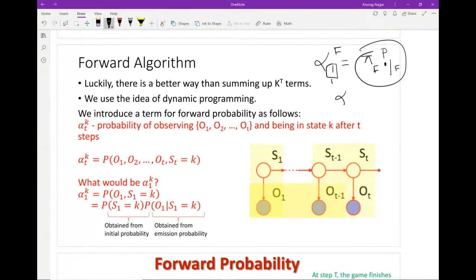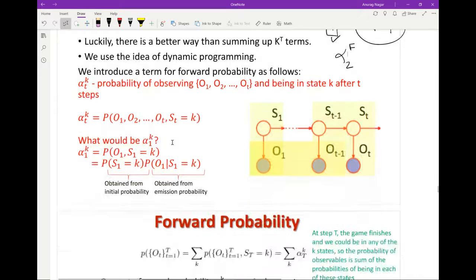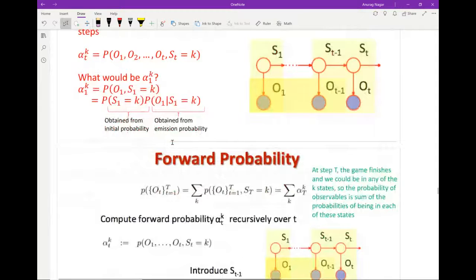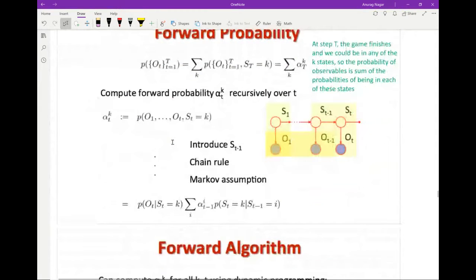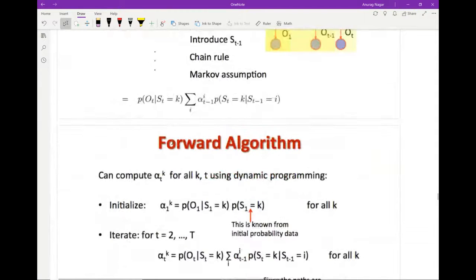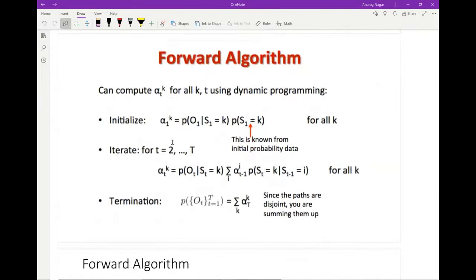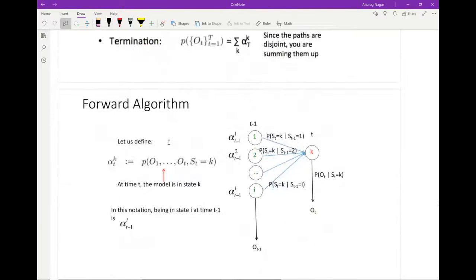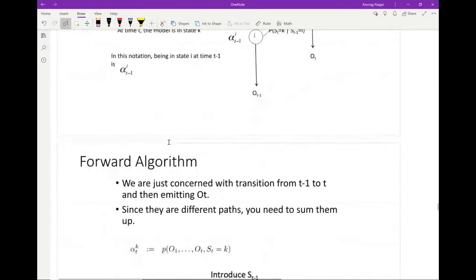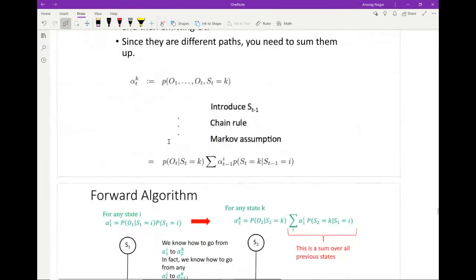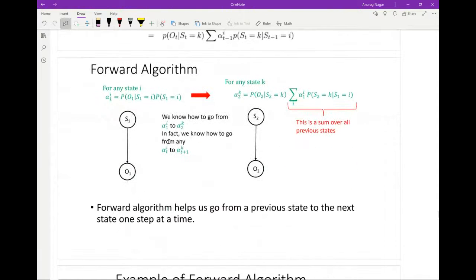And if you know alpha 1f, you could figure out alpha 2f and so on. So this is called the forward algorithm. You start each step and you can go forward with the idea here. For it to make more sense, we have to look at an example. Otherwise, it's going to be simply a bunch of theoretical ideas. So let's look at this thing.